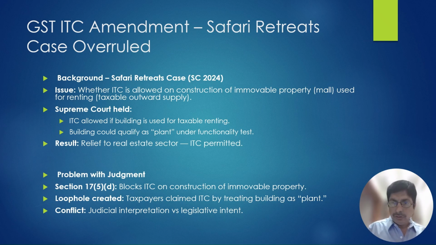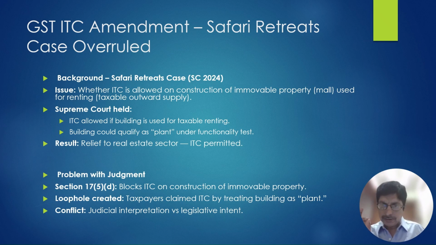However, lawmakers were surprised by looking at this case because that is not the intention. The GST credit is available only if something is fixed to the earth, which is plant and machinery. However, in this case, even though the building is constructed for the purpose of business, the credit was available.